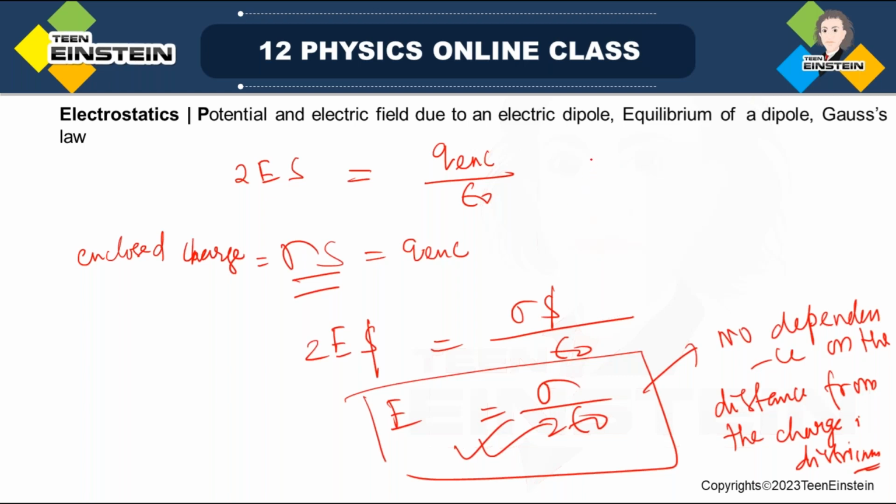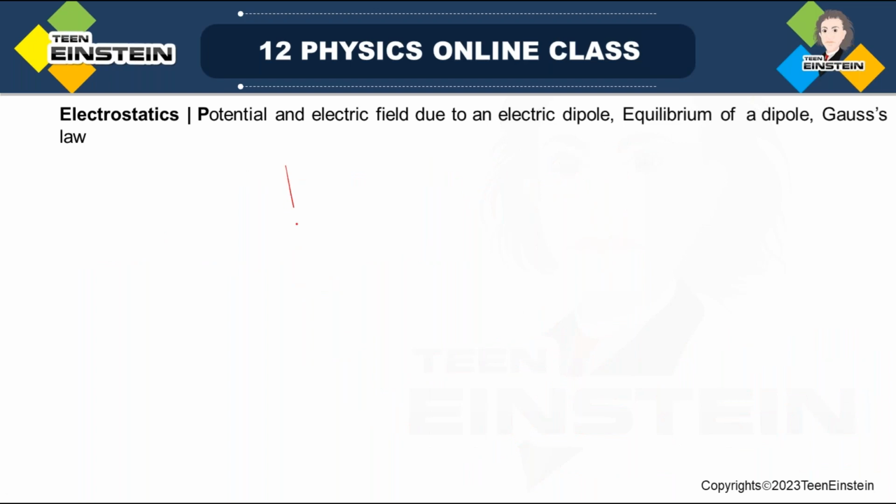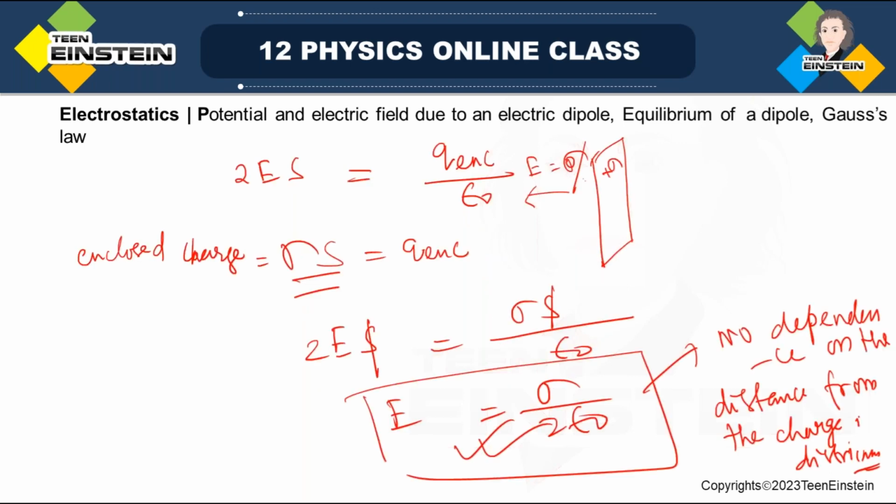But in case you have a very large plate, like parallel plate capacitors, can I treat it as an infinite plane and use this result?